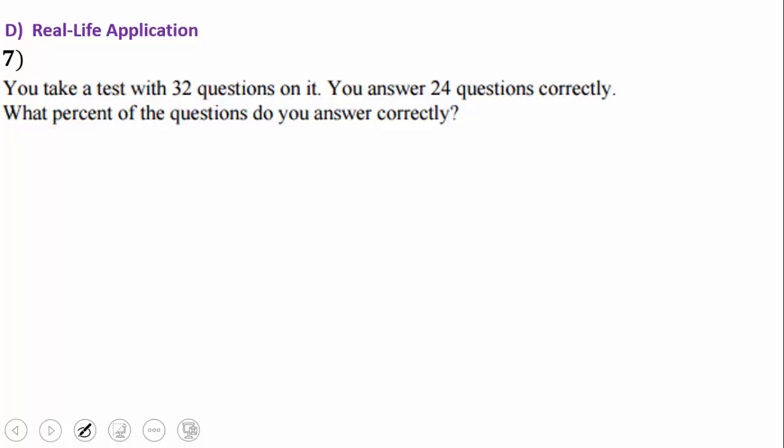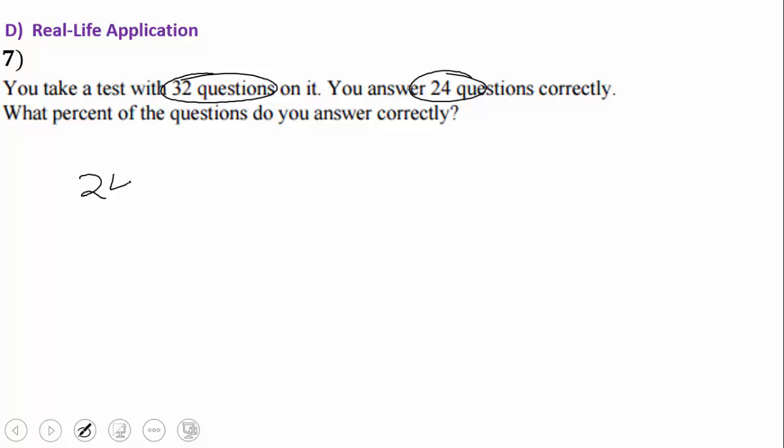This one says, you take a test with 32 questions on it. You answer 24 questions correctly. What percent of the questions do you answer correctly? So there's 32 questions on the test, 24 correctly. So we're saying 24 is what percent of 32? That's how we say that.